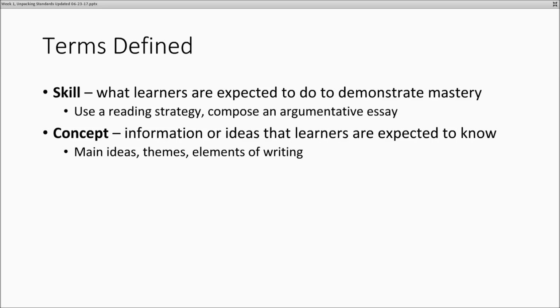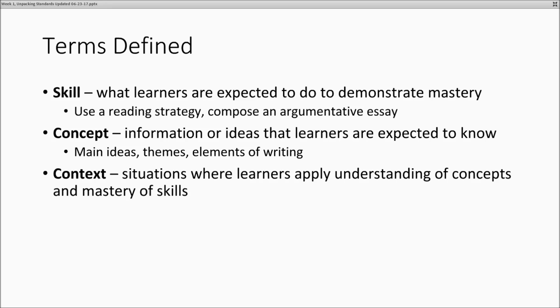Examples would include main ideas, themes, elements of writing, and finally, context. The third piece is the situations where learners apply the understanding of these concepts and the mastery of the skills. This could be digital sources, listening to a speaker, online, just where are the students gaining the learning and applying their skills?